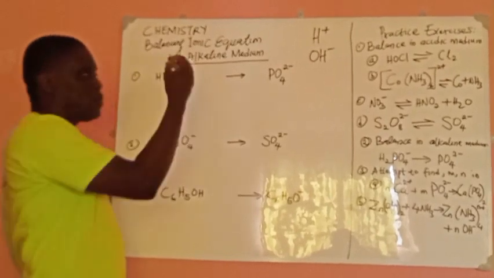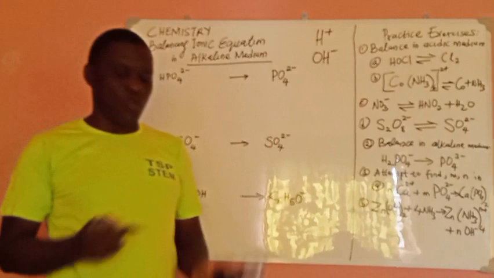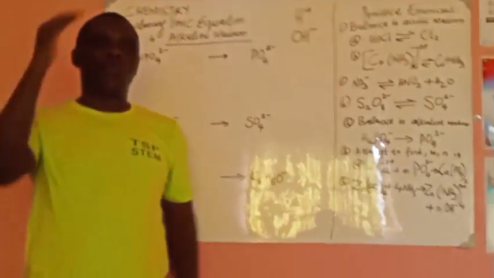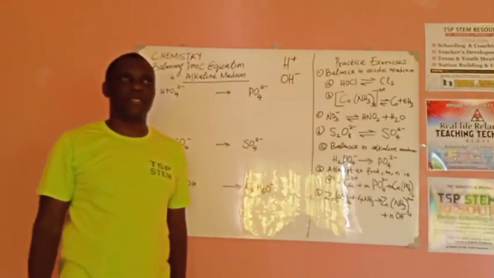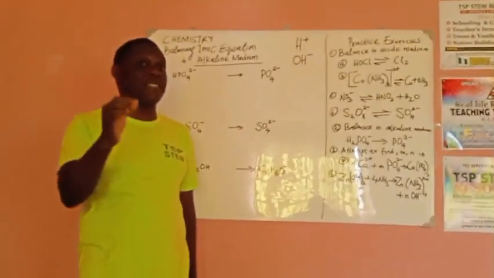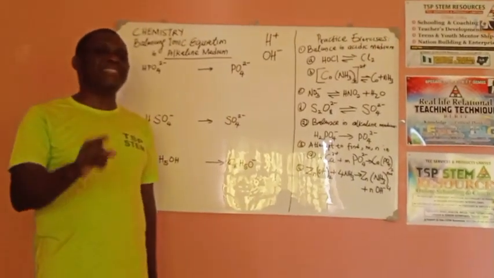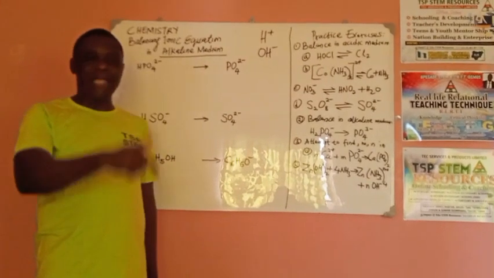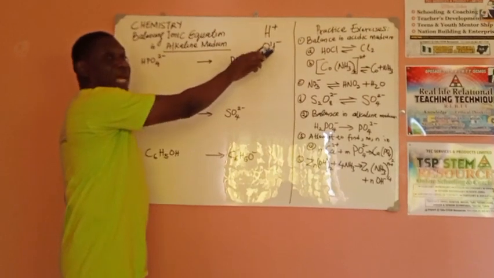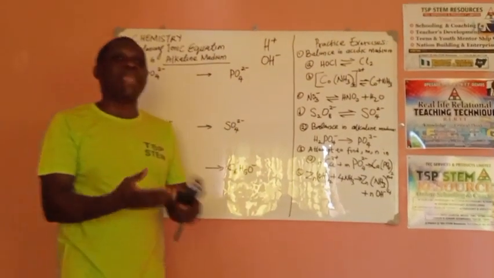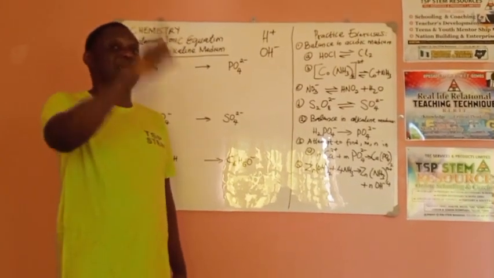So now you do short balancing in the case of balancing in an alkaline medium. What you do is that you look at the side that is deficient of hydrogen, take note of that. And you will balance that side by adding this hydroxyl ion to the side that is already having surplus hydrogen, not to the side that is having deficient hydrogen.